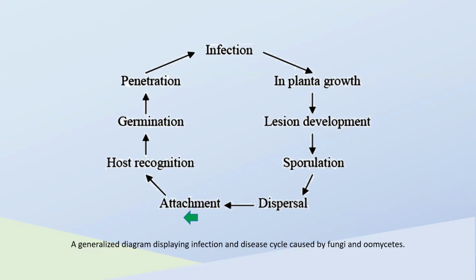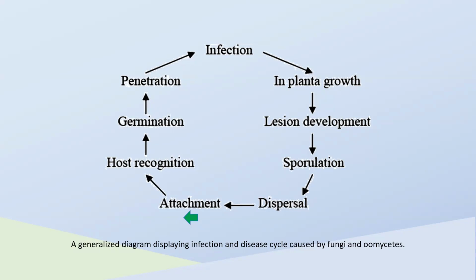But if they recognize that it is their host, they will continue with germination, and after that try to come into the cell, which we call penetration. After that there is interaction between the plant and the pathogen. We call it infection.